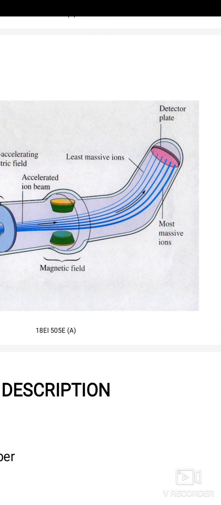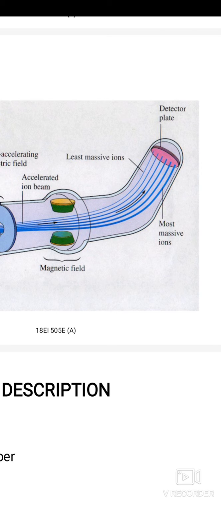The detector converts this mass to charge ratio into an electric current signal. The current signal is given to the DC amplifier to amplify the signal and given to the recorder.